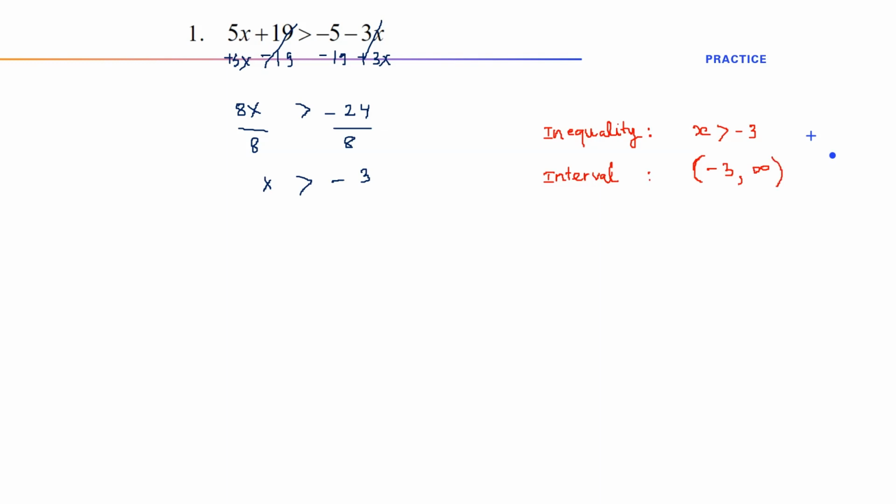And if they're asking you for the number line, you will have to display a number line like that with the value of negative 3 not included, so open at negative 3, and then check the one that is included.